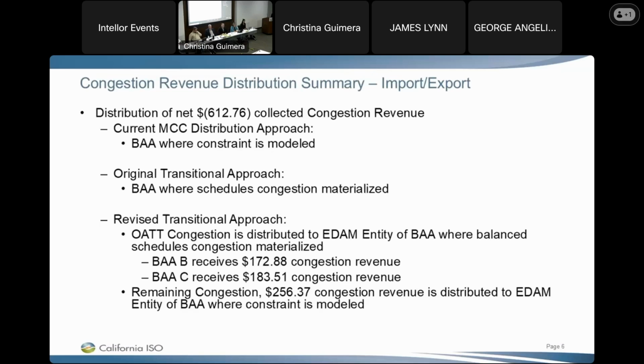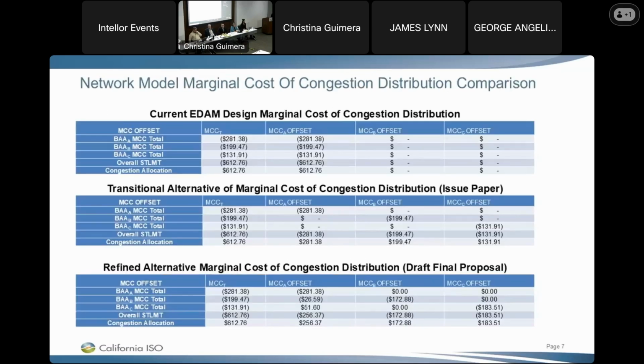Now, if we go to the next slide. This is basically the same comparison I did in my 4BA example. The only difference is it's based on this network model. Under the current EDAM design, as I said previously, the $612.76 is distributed all to BAA.